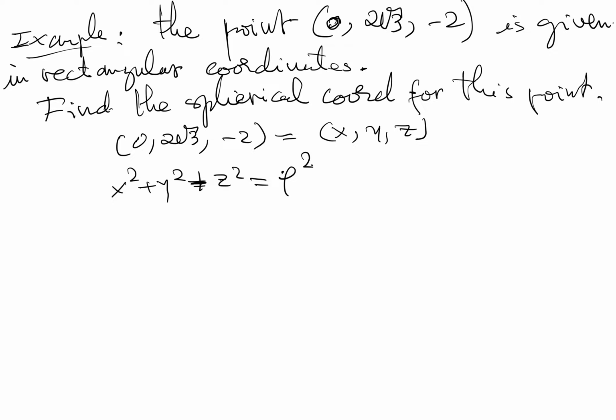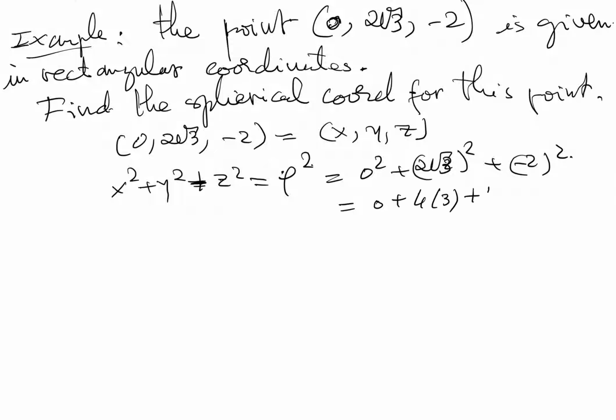Okay, so since this one is given, it's just 0 squared plus 2 square root of 3 everything squared plus negative 2 everything squared. So what you have is just 0 plus 4 times 3 plus 4. So this one is 12 and 16. It's just 16. So rho squared is equal to 16.